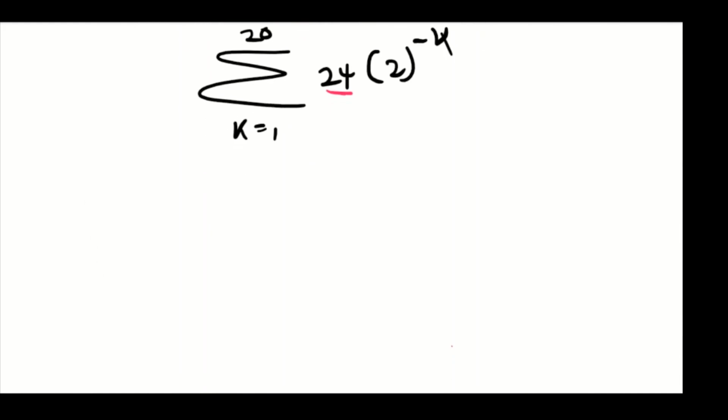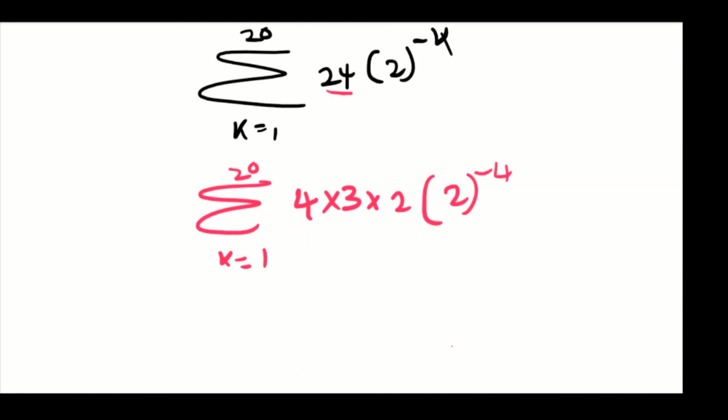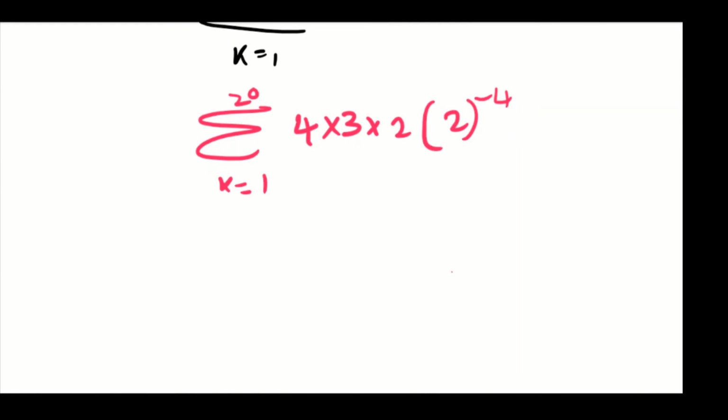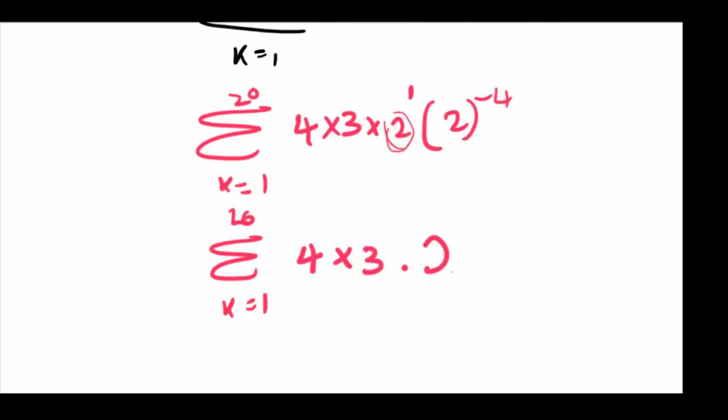So we can simplify and say we have the sum of 20, k equals 1, of 4 times 3, which is 12, times 2 is 24, and then 2 to the power minus k. Then this 2 is to the power of 1, so we can simply say 4 multiplied by 3 multiplied by 2 to the power of 1 minus k.